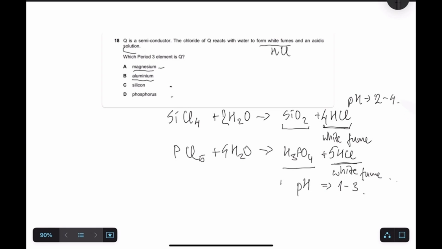And also it's a semiconductor. So phosphorus can't be a semiconductor because it is a non-metal. Therefore, the answer is C.